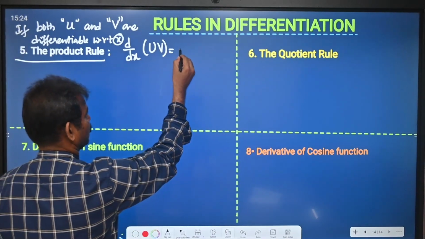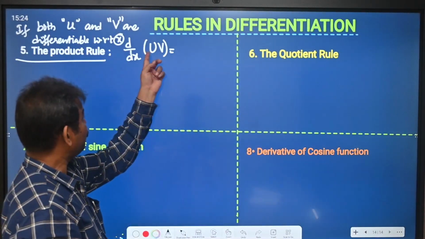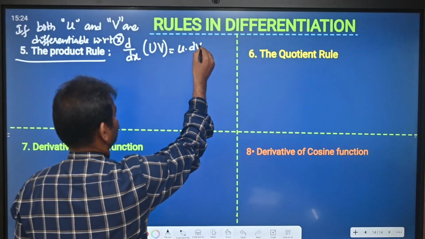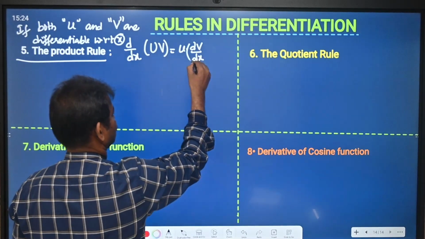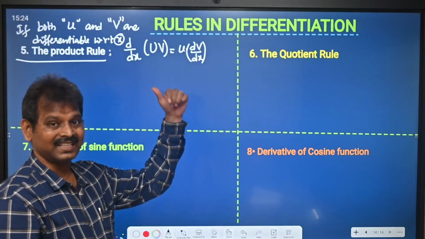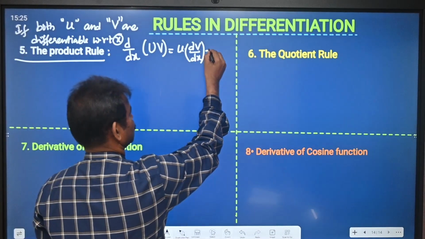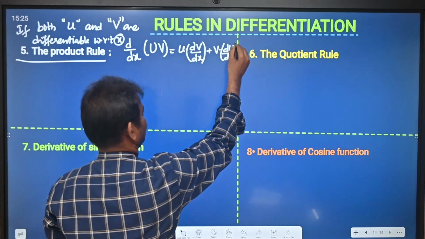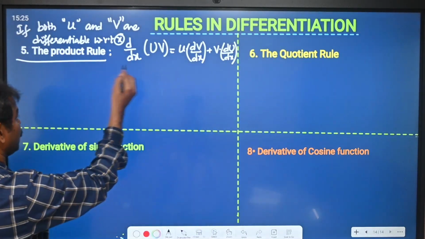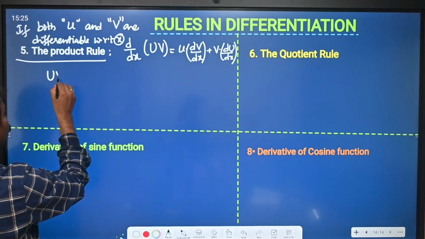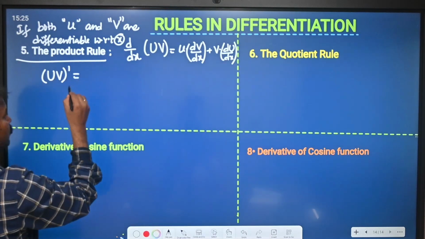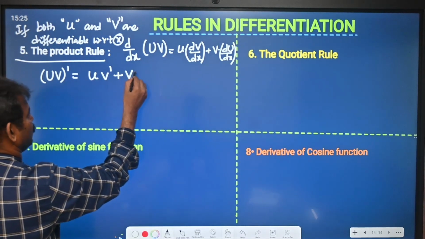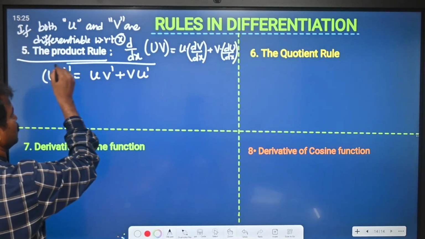Now this formula can be written as, first bring the first function outside, u into dv by dx, that is the derivative of the second term, plus v into du by dx. This can also be written as uv prime, that is u into v prime plus v into u prime, both are the same.